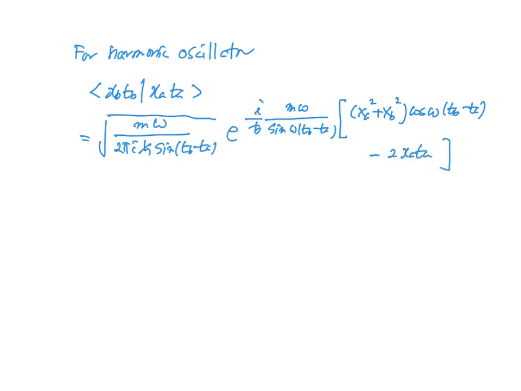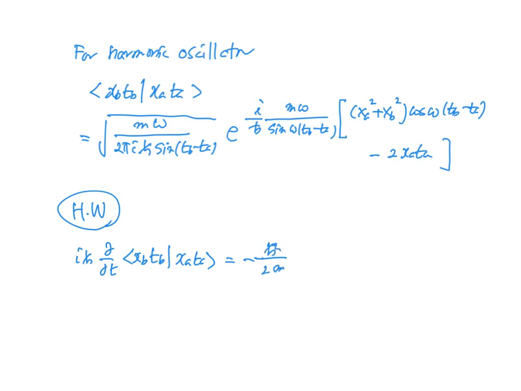So I'd like to leave it as homework to show that i h bar partial t of xb tb xa ta is minus h bar squared over 2m partial xb squared of xb tb xa ta, plus the harmonic oscillator potential energy, 1/2 m omega squared x squared, times xb tb xa ta.